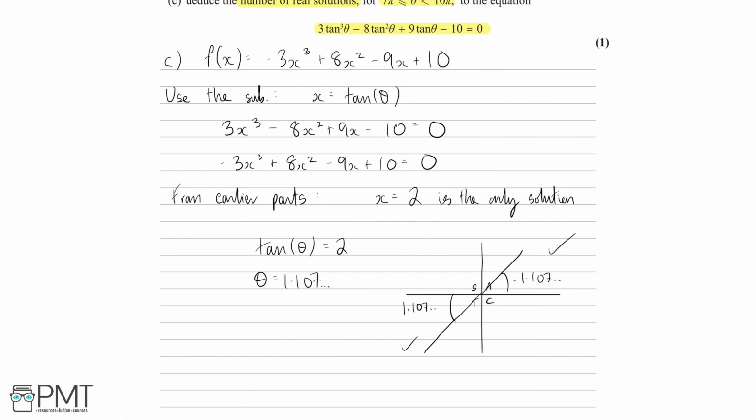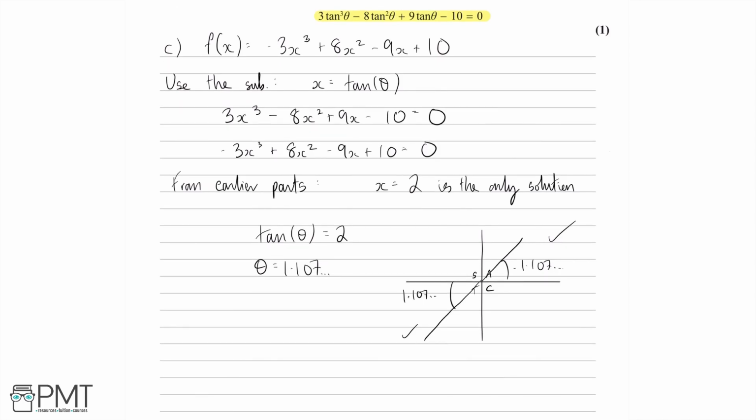Now, another thing to mention is that the number of solutions in the given range that we have here, 7 pi to 10 pi, is the same as in the range of 0 to 3 pi, as the amount of turns we have around are exactly the same.